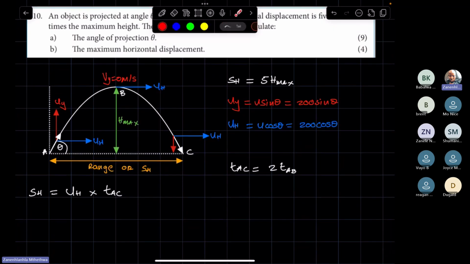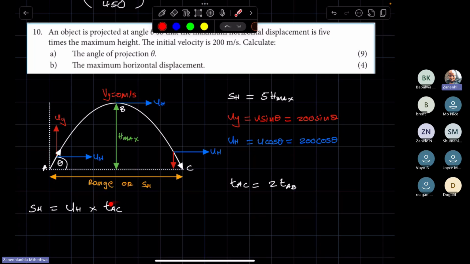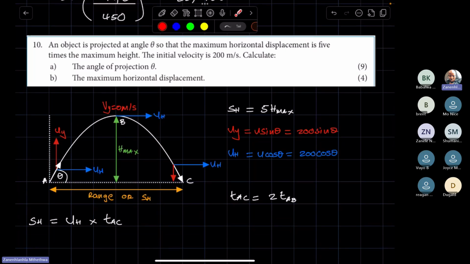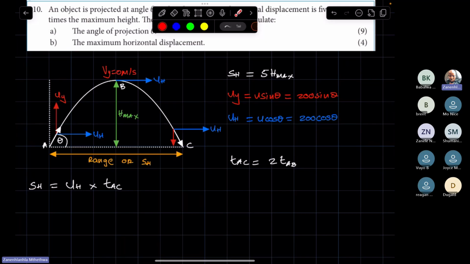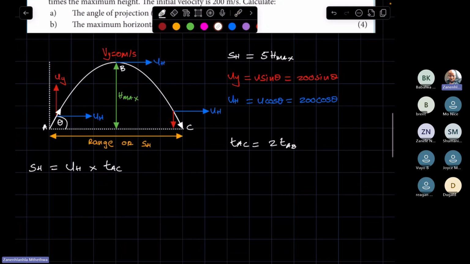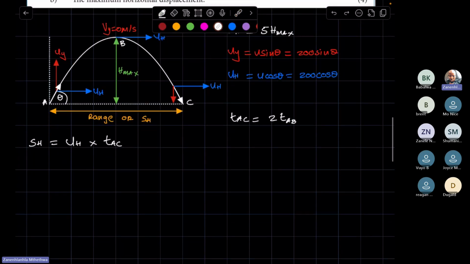Now, because we haven't been given the time, be it TAB or TAC, we are probably going to have to manipulate one of the kinematic equations and express it in terms of time. One of the equations of motion is Vy equals Uy plus GT.